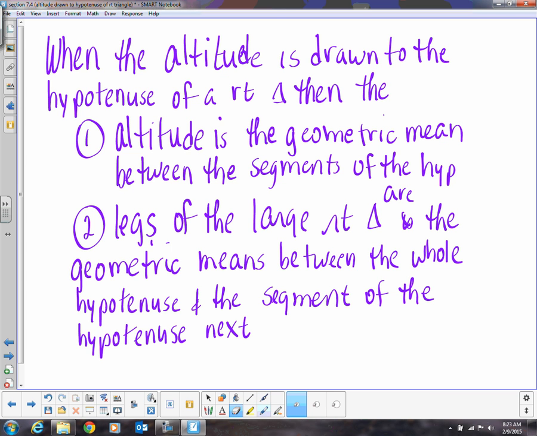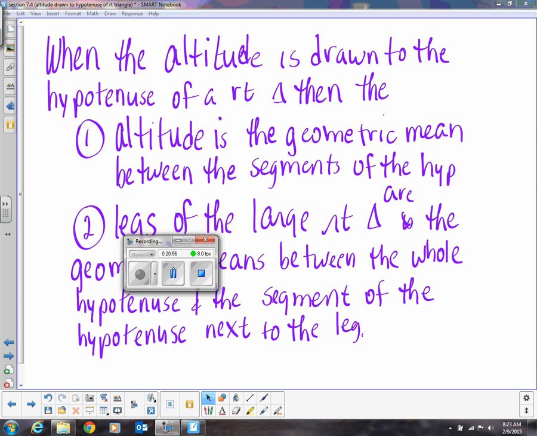What do you want, next to the leg or closest to the leg? Next to the leg. I guess that's less writing. Good call.